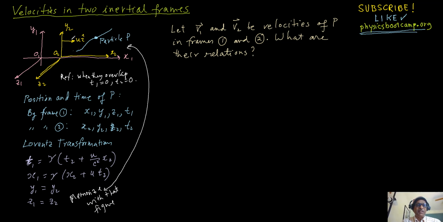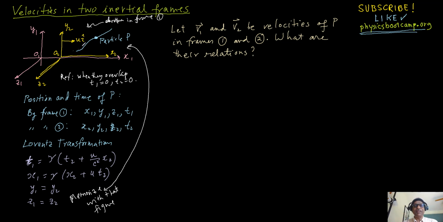Because you can see, if I call this guy 1 and this guy 2, this diagram is drawn in frame 1. Because whatever frame you're going to draw it in, that frame will be at rest. So this one is at rest, this is moving.